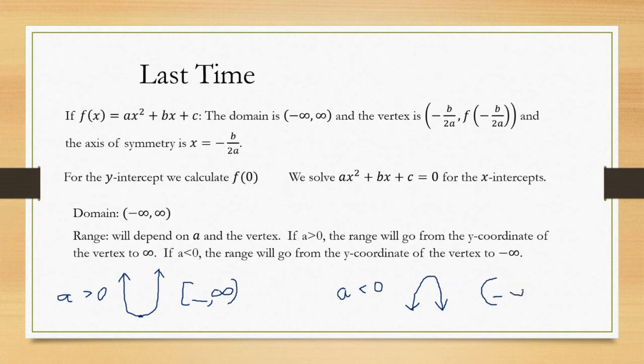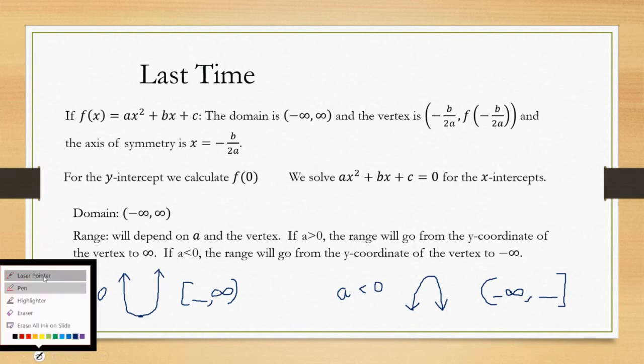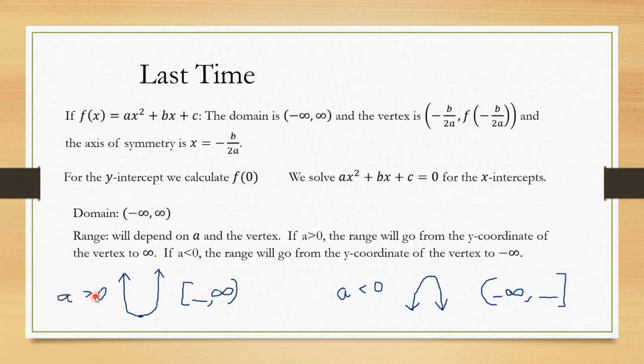So the range will be minus infinity, comma, to the y-coordinate of the vertex. So basically, you can get the range without even graphing it. The domain's always going to be the same, so the domain's easy. The range you can get without graphing it. You just have to know if a is positive or negative, and the vertex. That's what I'm trying to show you here.